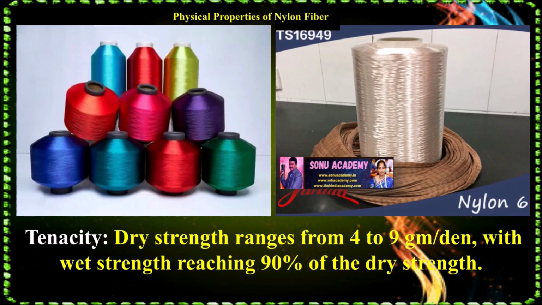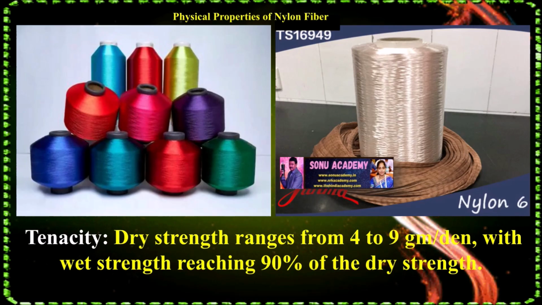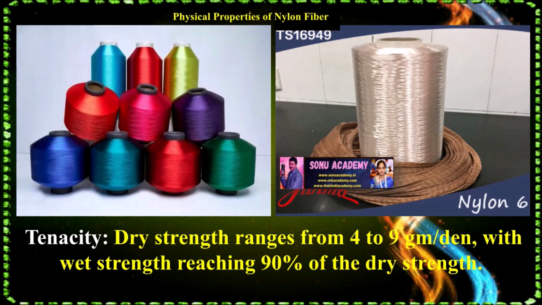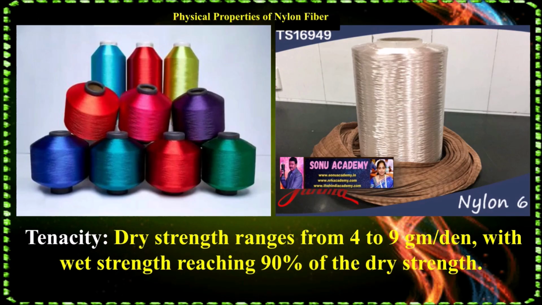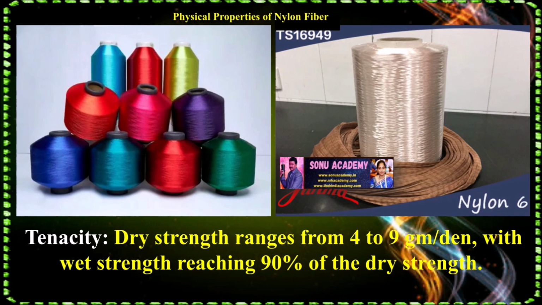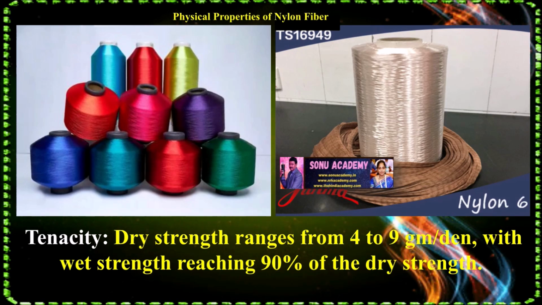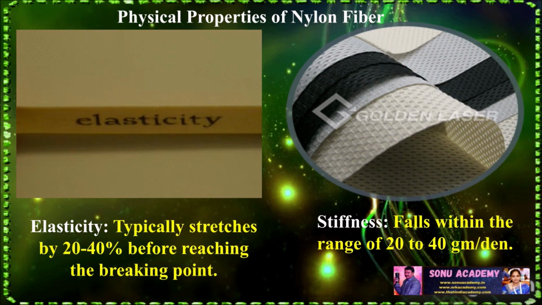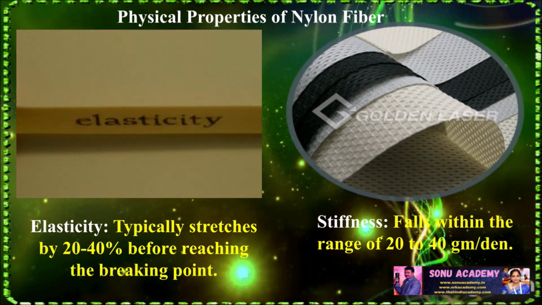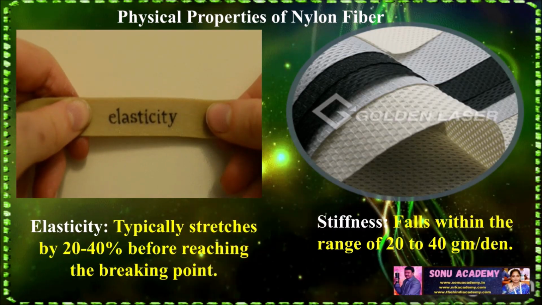Children, let us discuss the physical properties of nylon fiber. Tenacity: the dry strength ranges from 9 to 10 gm, with wet strength reaching 90% of the dry strength. Elasticity: it typically stretches by 20 to 40% before reaching the breaking point.